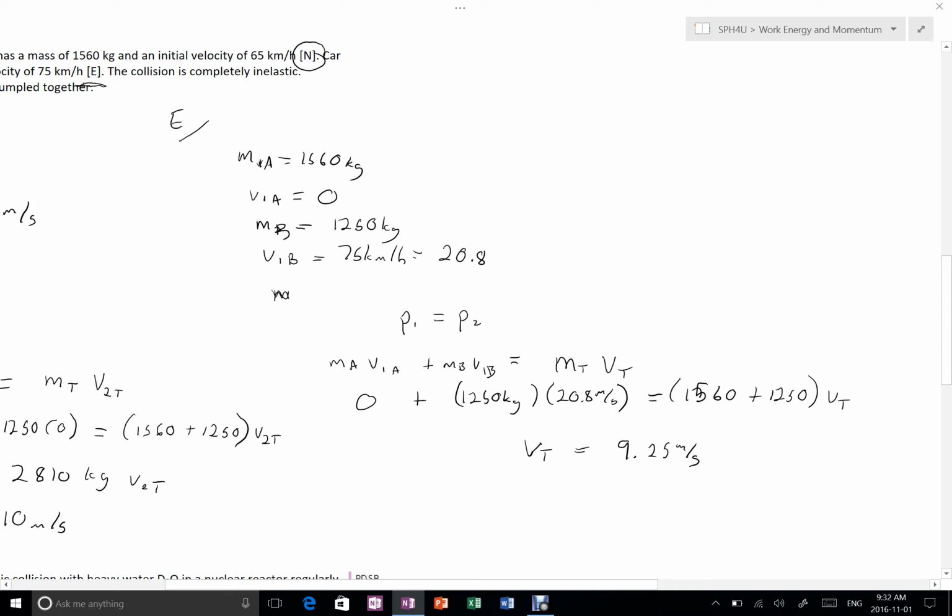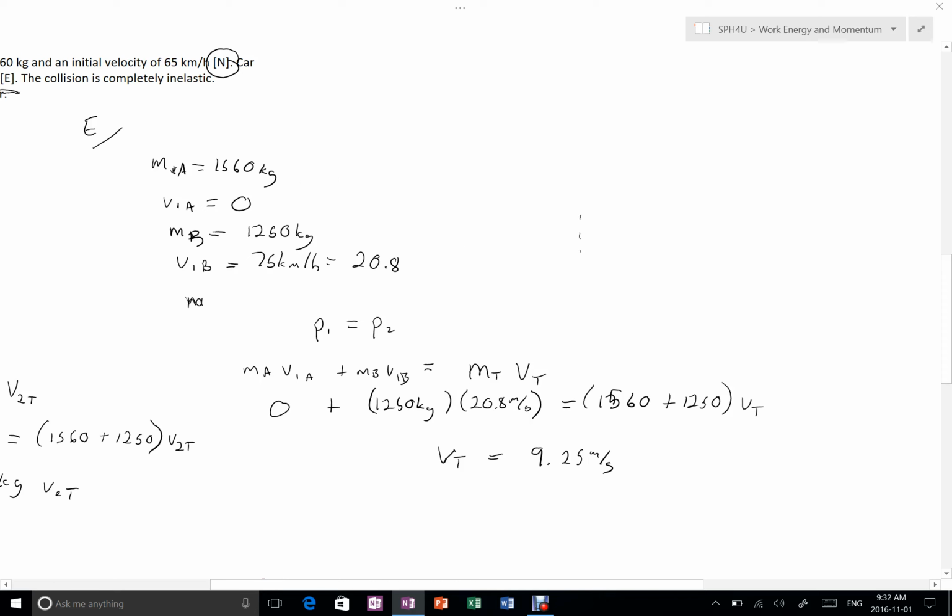Now, that means I'm going 10 meters per second north and 9.25 east. So I can find my final velocity using the Pythagorean theorem. There's my theta.